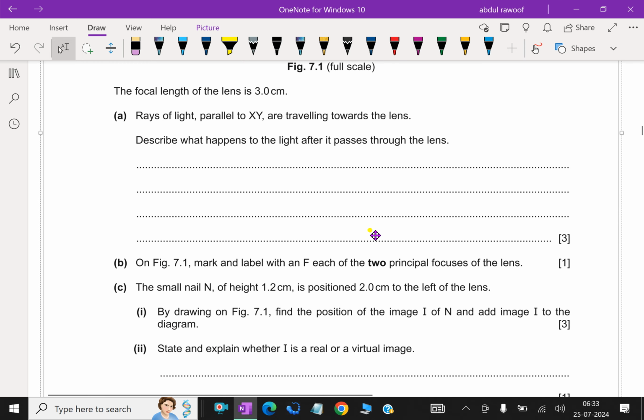Now, the rays of light parallel to XY and traveling towards the lens. Describe what happens to the light after it passes through the lens.